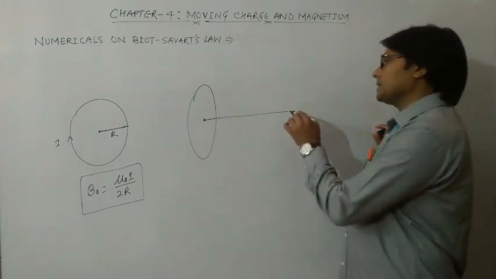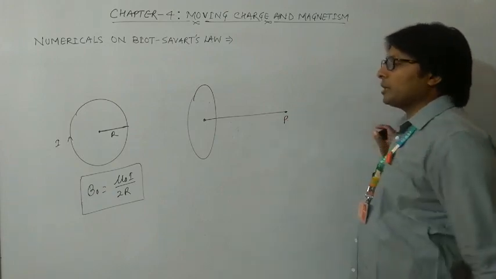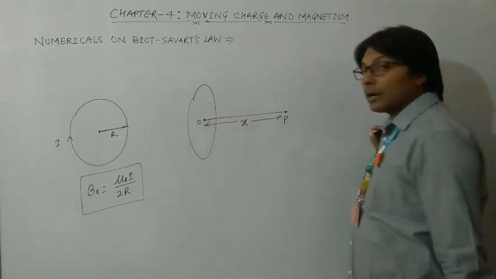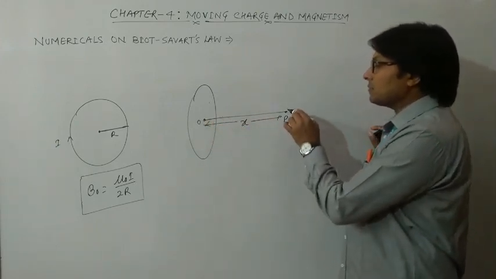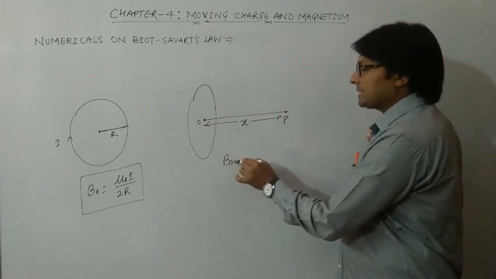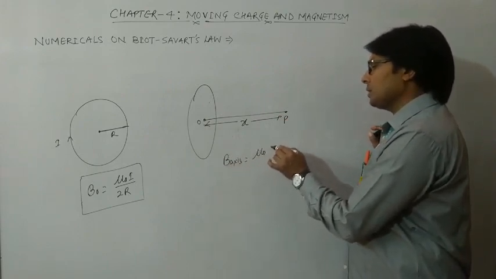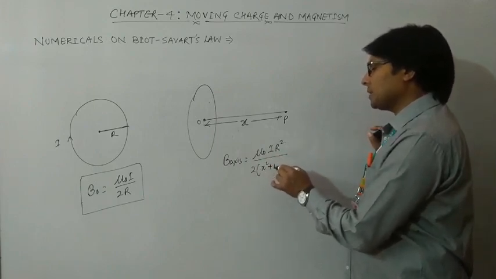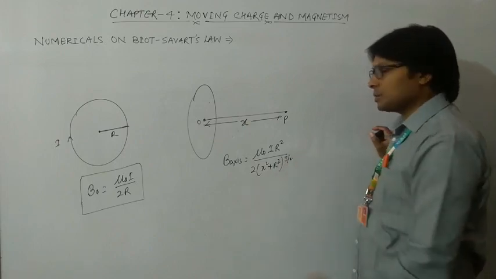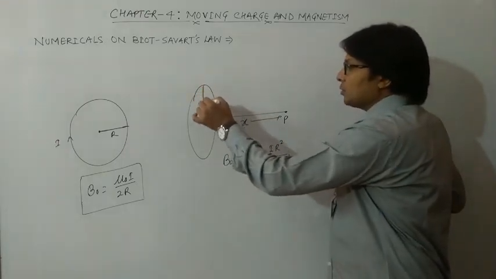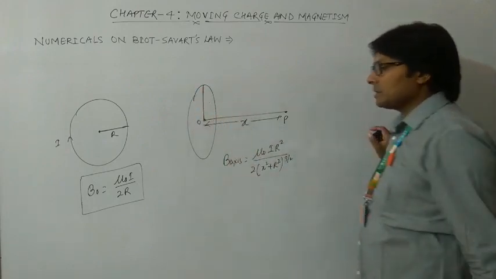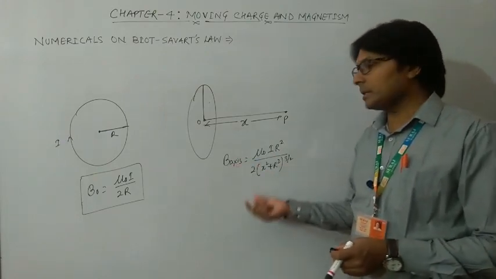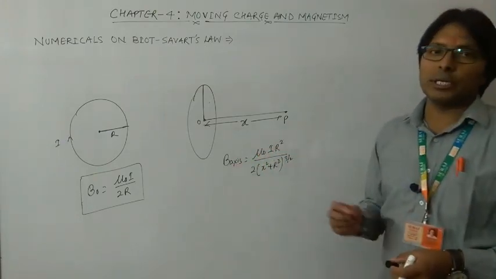At point P, at distance x from the center of the loop, we derived the formula B axis equals mu 0 I r square upon 2 times x square plus r square raised to the power 3 by 2, where r is the radius of the circular loop. If there are n loops, the net magnetic field will be n times the field due to a single loop.